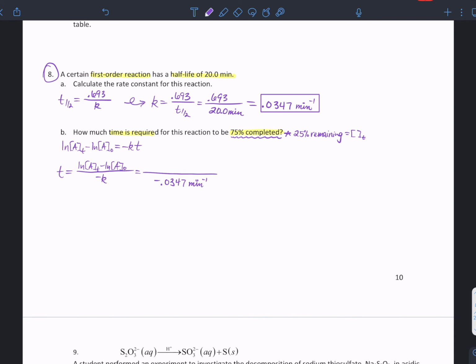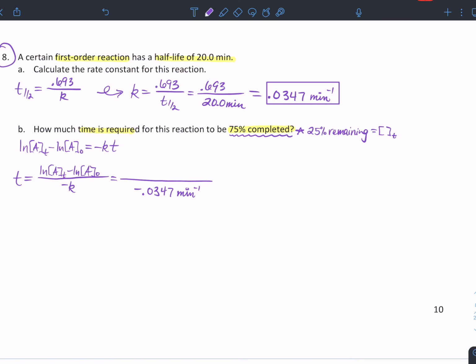And then my natural log of my concentrations, if I have 25% remaining, I have 100% initially. Doesn't matter what the actual concentrations are, we can use the percentages in their place. So I'm going to take the natural log of 25 minus the natural log of 100.